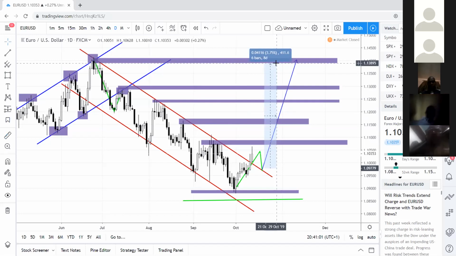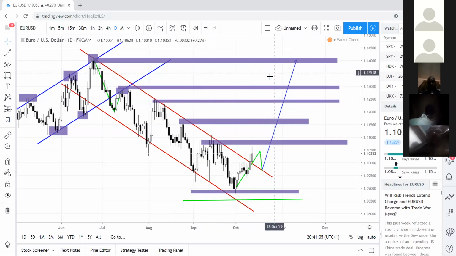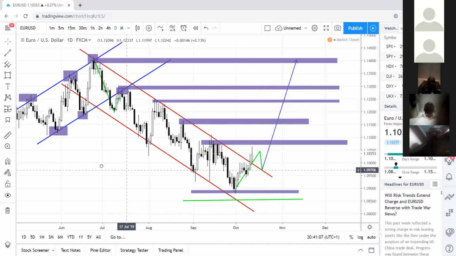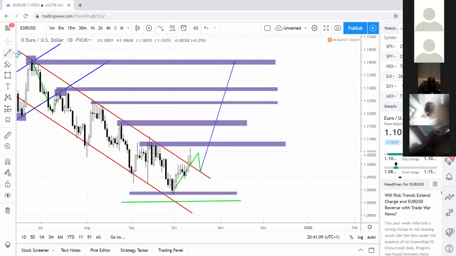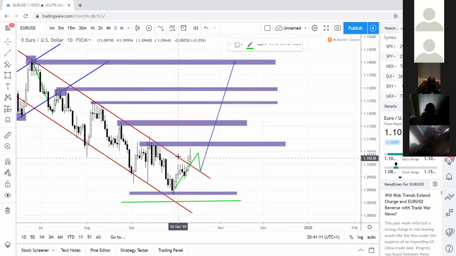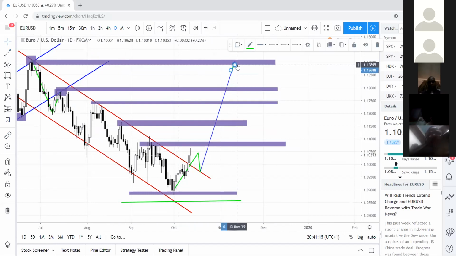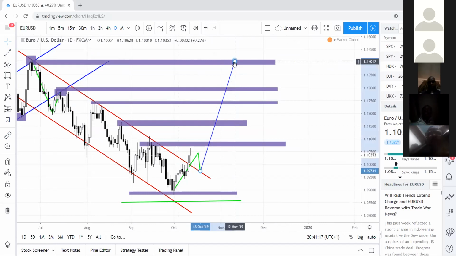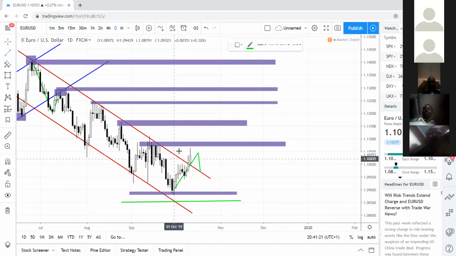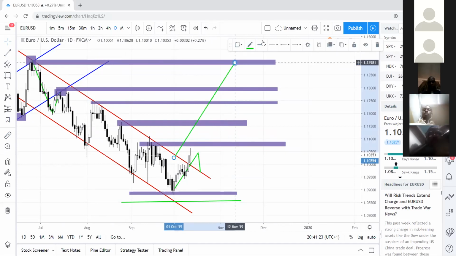Over 400 pips. Now, the fact that it's going to go up doesn't mean there won't be short sales in between. By the time this thing starts moving, you can see something like this. Let me show you. Forex can be interesting.